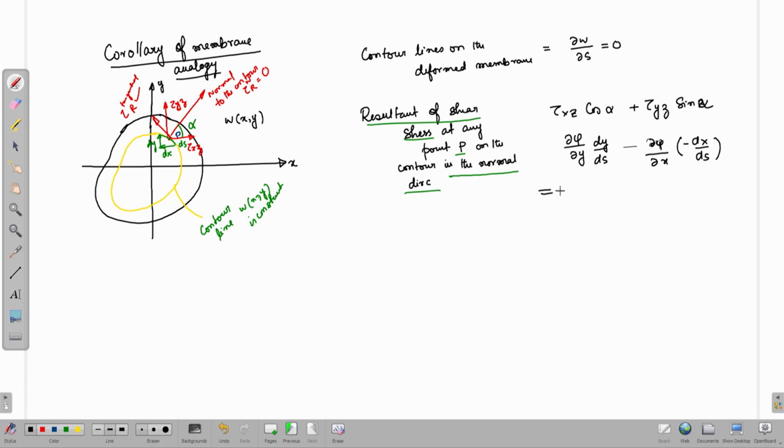Therefore, this whole thing can be written as d phi by ds, and that has to be equal to 0, because phi is analogous to w.